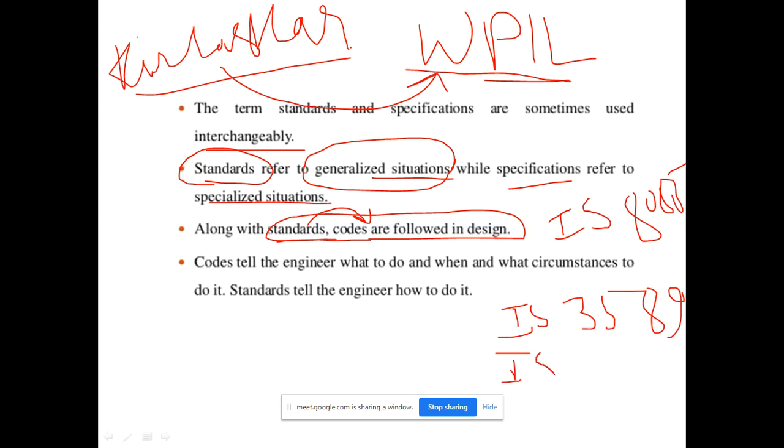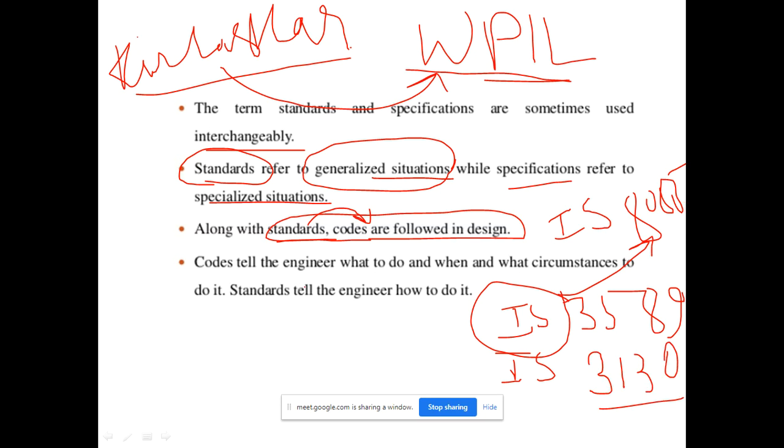So these are the different codes within the IS standard. Codes are basically followed by some standard. So within Indian Standard, these are the different code names like 8085, 3589. Next you can say IS 3130. So these are all different codes adopted by Indian Standard for manufacturing or designing different mechanical components.